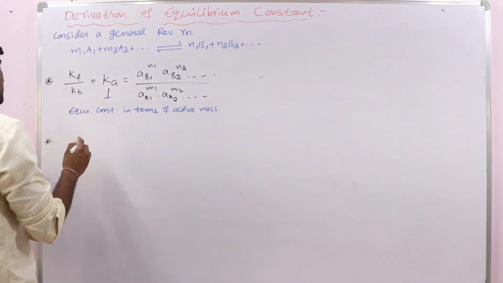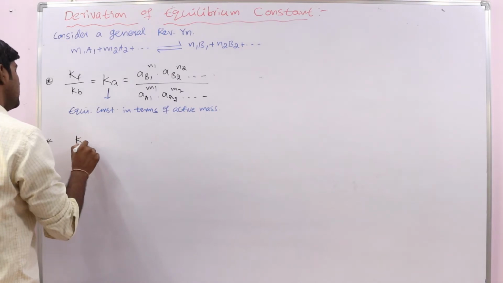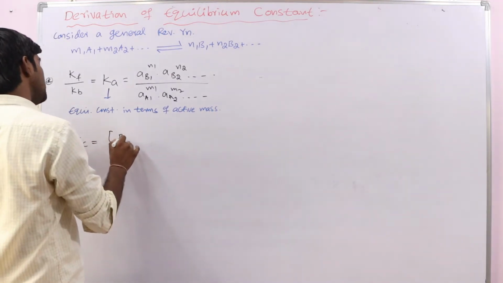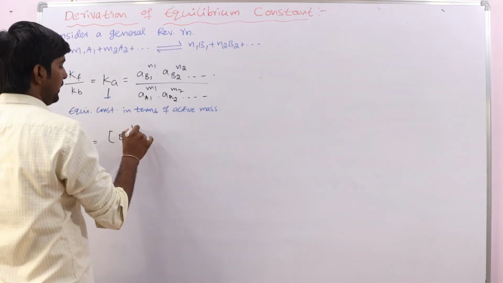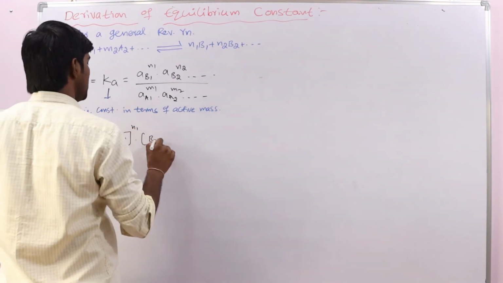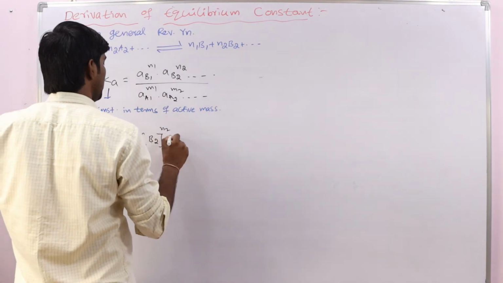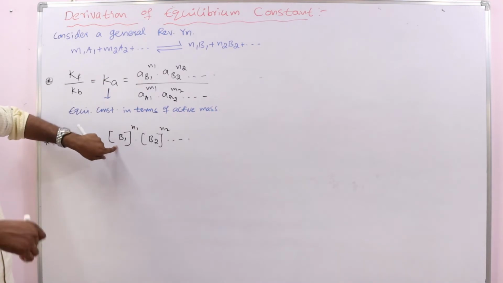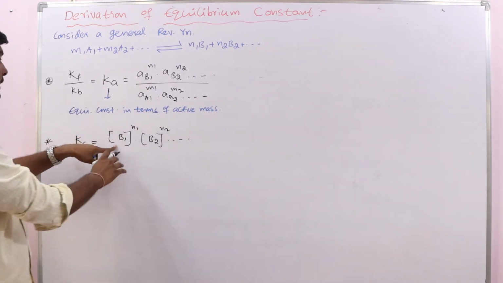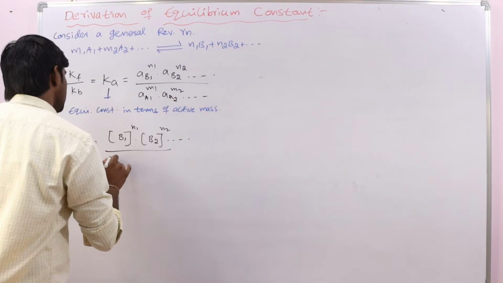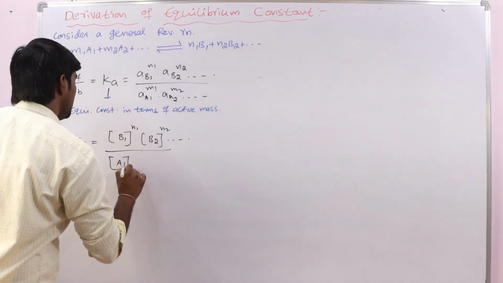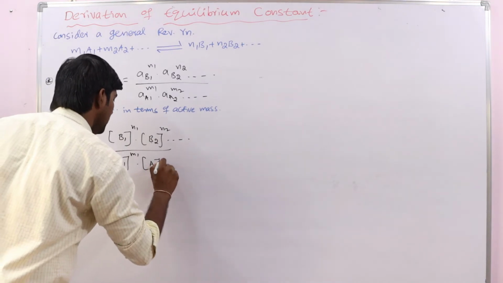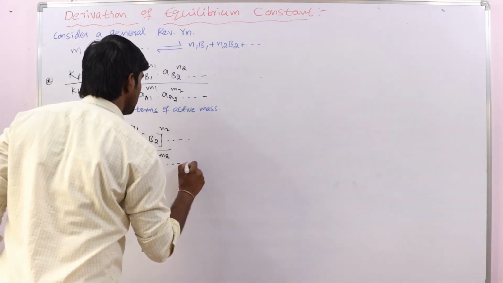So we can write Kc equal to molar concentration of B1 to the power n1 times molar concentration of B2 to the power n2 and so on, divided by molar concentration of A1 to the power m1 times molar concentration of A2 to the power m2 and so on.